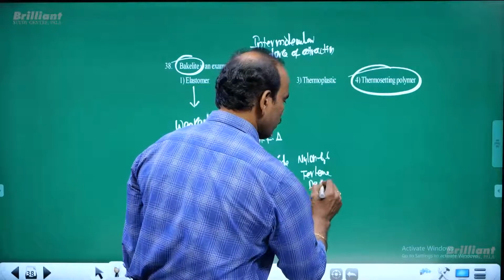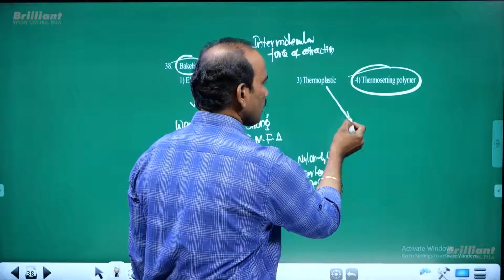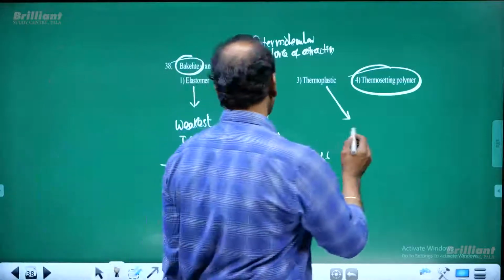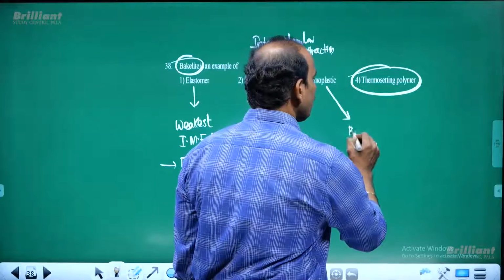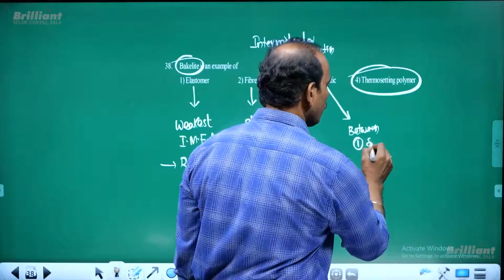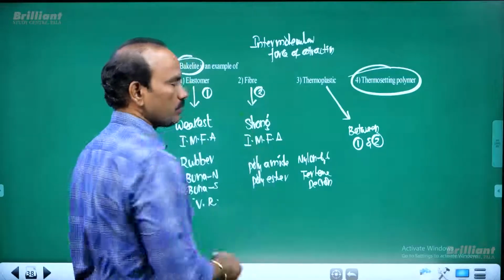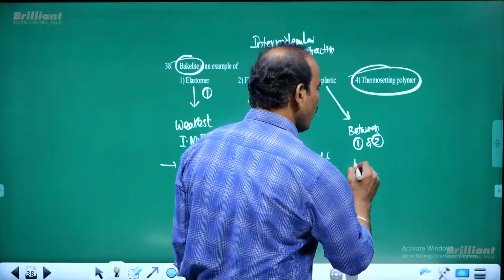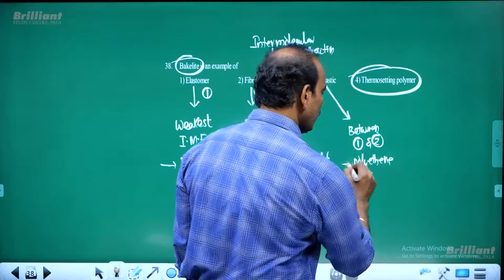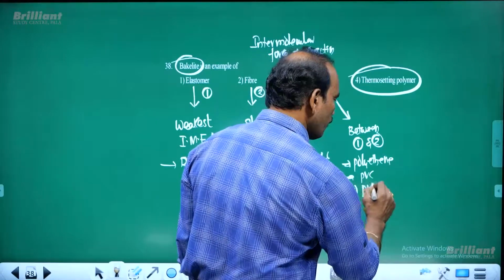Or Dacron. Then next one, what is the thermoplastic? Then interactions between 1 and 2. I am taking this as 1, this as 2. What are those? Polythene, PVC, polystyrene.